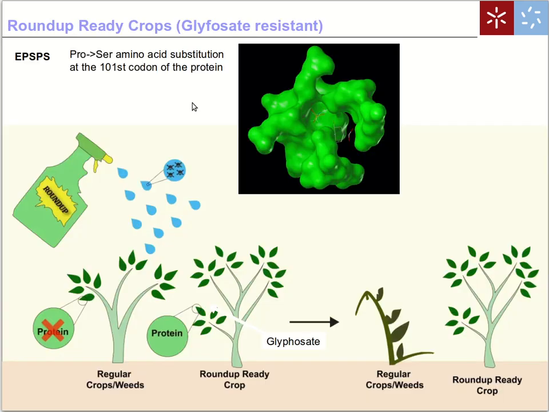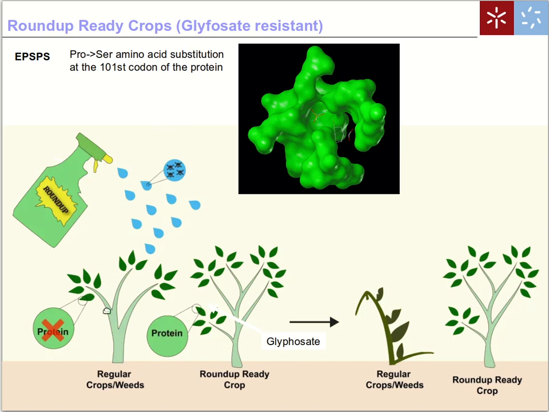It was later established that if there is a mutation in EPSP synthase, if we switch a codon so that the proline in position 101 becomes serine, as shown here, then glyphosate no longer binds to the enzyme, and the enzyme can function and produce its product, and hence all the amino acids, even in the presence of glyphosate.